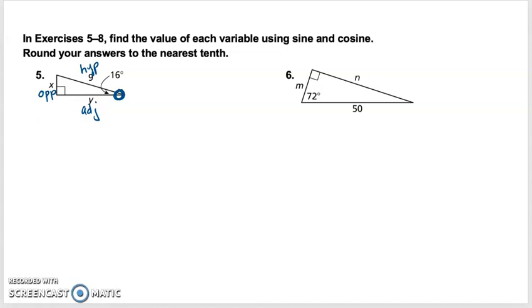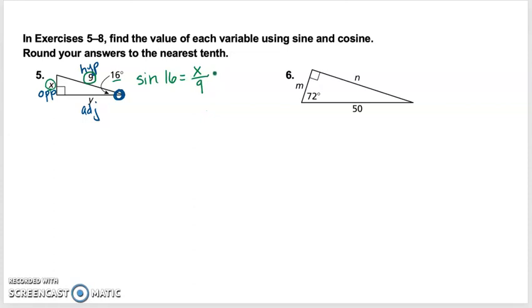Right, so let's start with x. If I'm solving for x, then I'm looking at what I'm looking for and what I've already got. So you think to yourself, which one of those ratios uses opposite and hypotenuse? That would be the sine ratio. So sine of 16 should be equal to opposite side x divided by hypotenuse of 9.